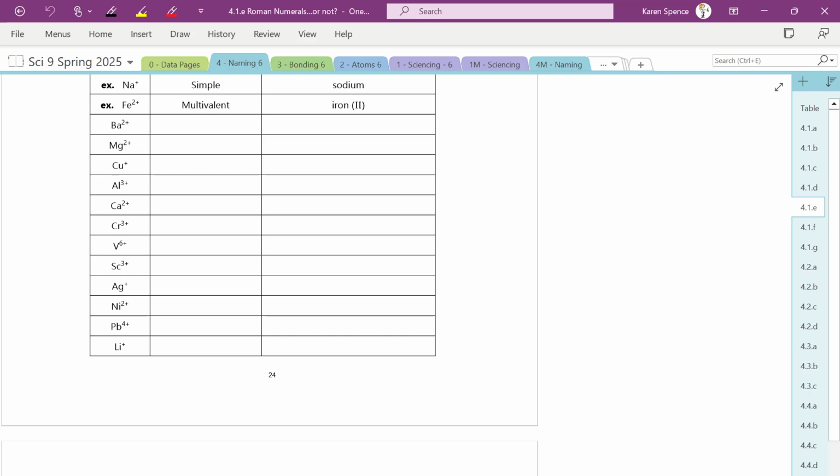Oh, actually, this is iron. Yes, so it's sulfur, and its charge is negative 2, yes.